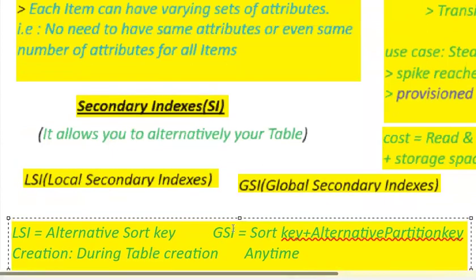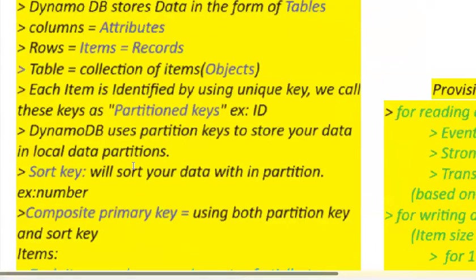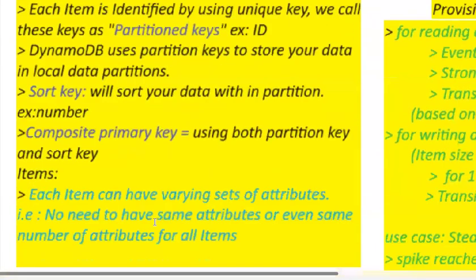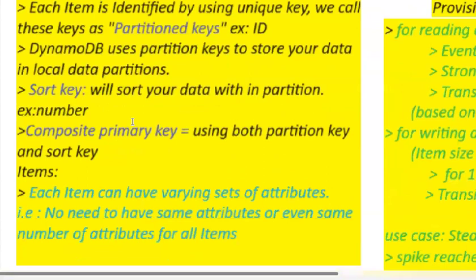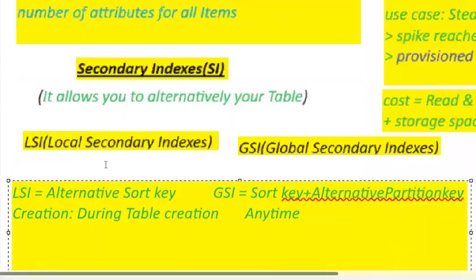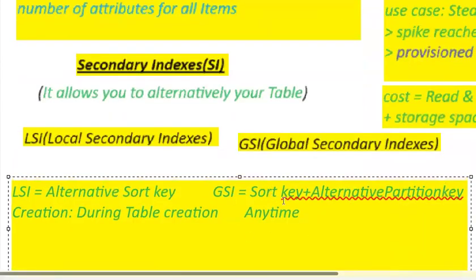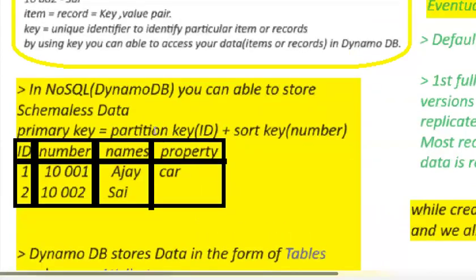It is the same as your composite primary key. What do you send for a composite primary key? You send the partition key as well as the sort key. So here also you will send the sort key and an alternative partition key, other than the current partition key.